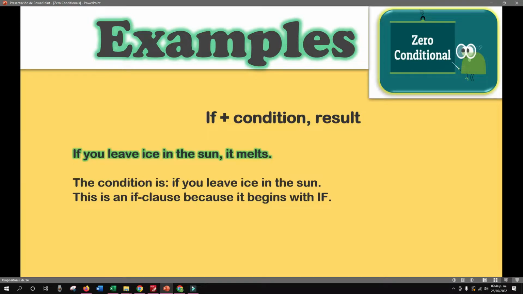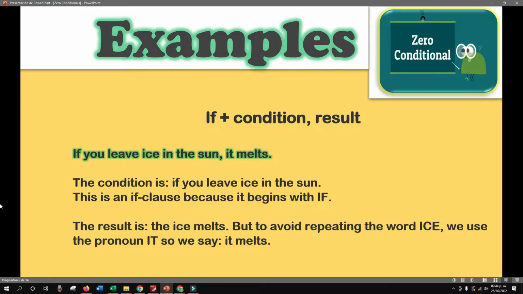So, this is an if clause because it begins with if, you know that, right? And the result, the ice melts. But to avoid repeating the word ice, we use the pronoun it, so we say it melts, right? Igual acá podemos hacer esto para evadir repetición, ¿verdad? Para no decir de nuevo hielo, ¿verdad?